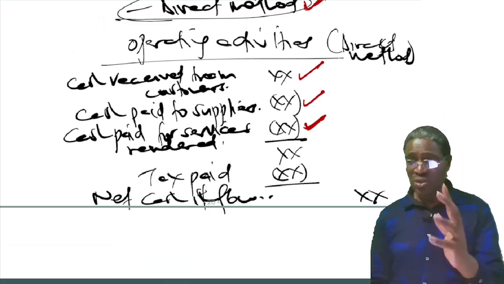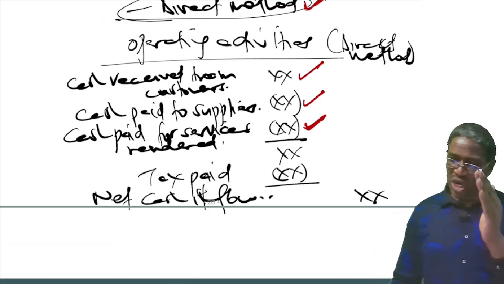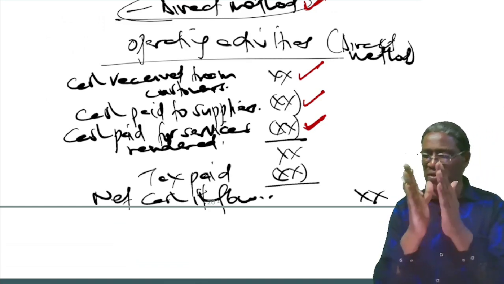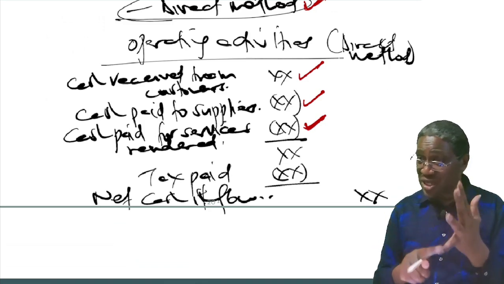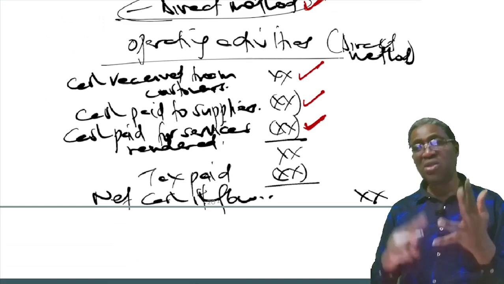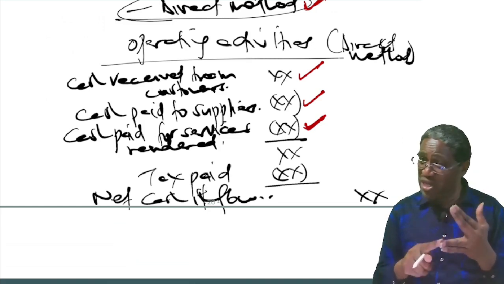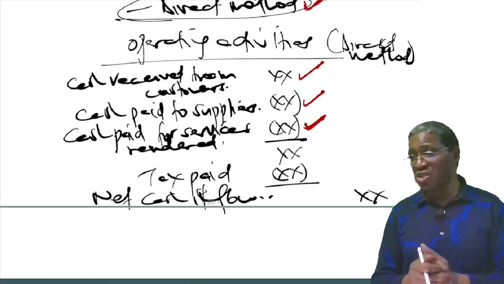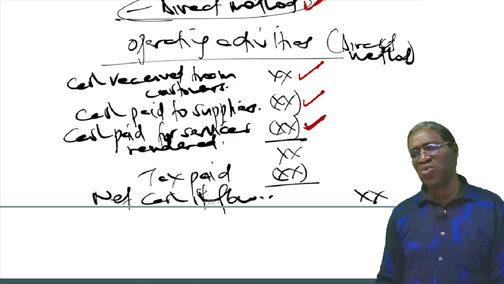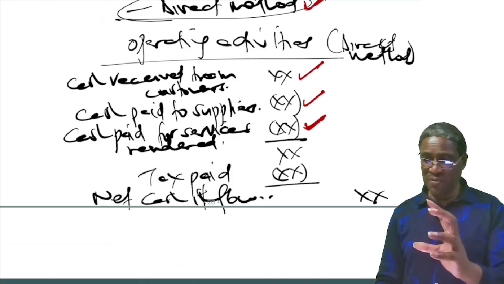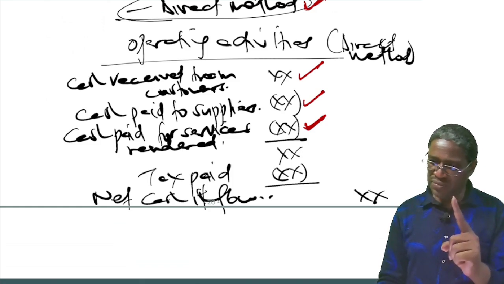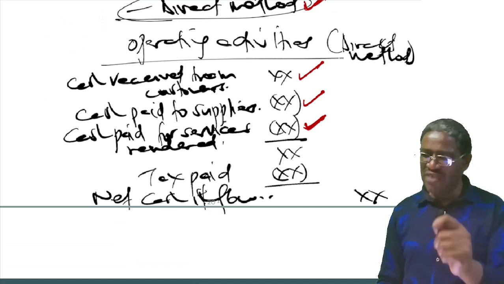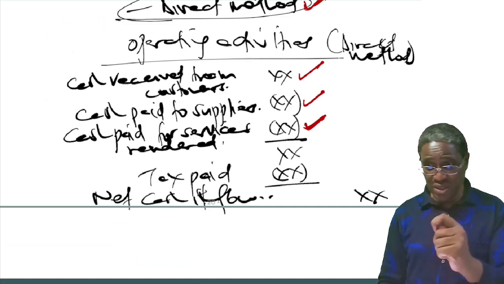So for cash flow from operating activities using the direct method, you only need those 3 figures. How much cash do you, as a business, receive from your customers? 2, how much cash did you pay to your suppliers? And 3, how much cash did you pay for all the services that were rendered to you as a company? The only issue we said was, when it comes to this direct method, the examiner will never give you any one of these figures.